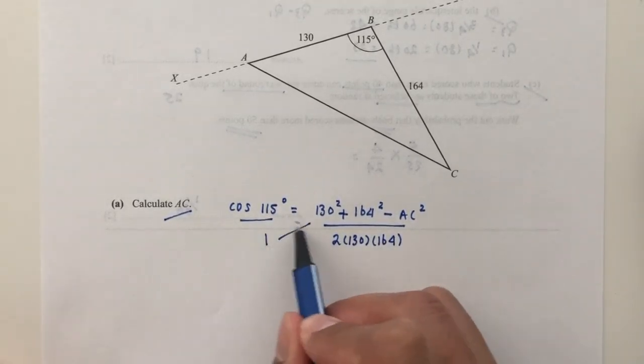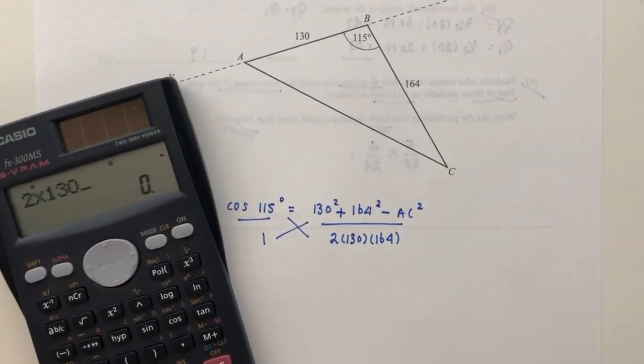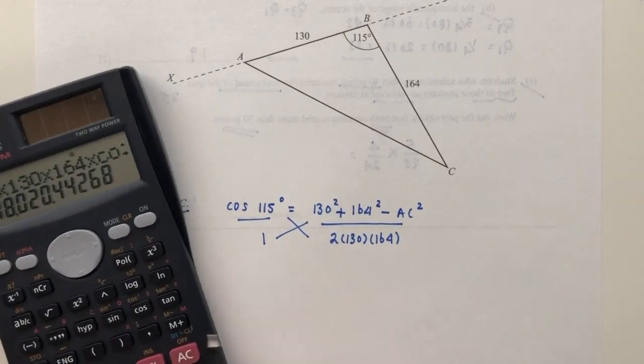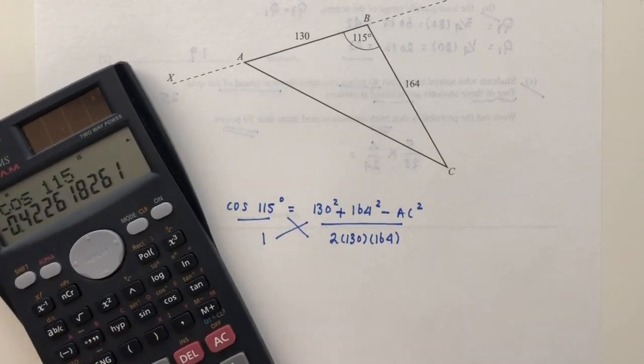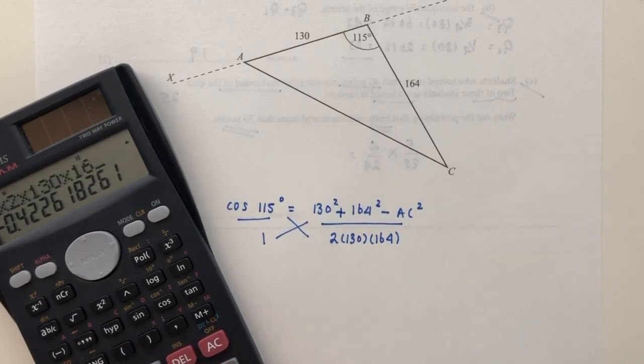So if you cross multiply, on one side you have 2 times 130 times 164 times cos of 115. Let's try again. So cos of 115 is negative, times 2 times 130 times 164. That will be this much.